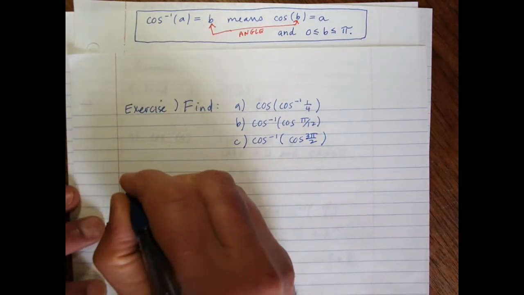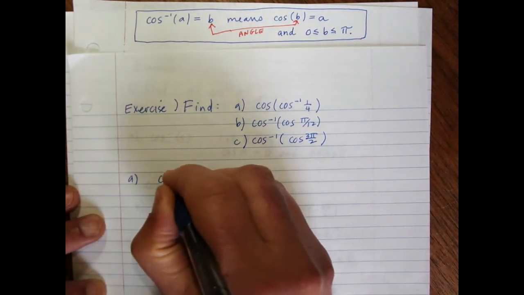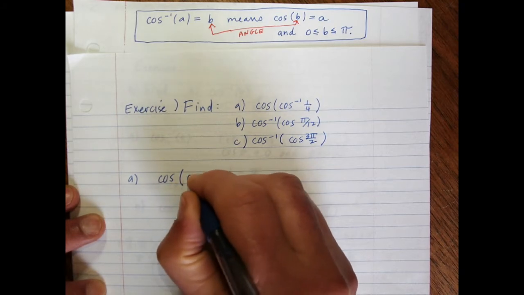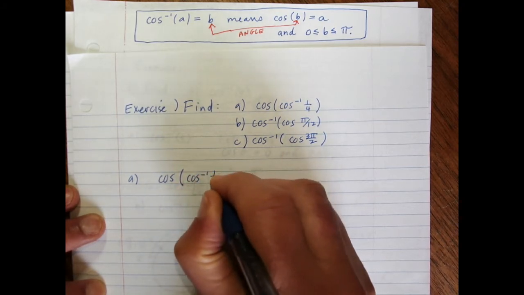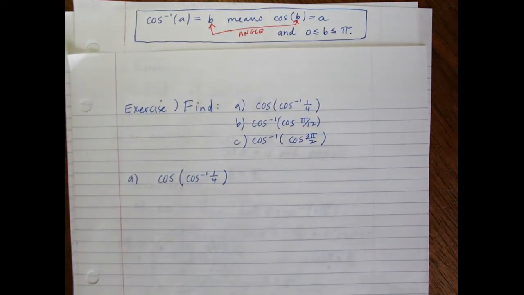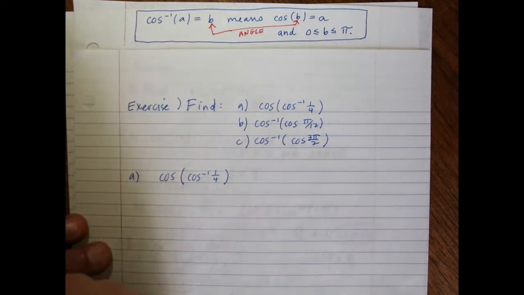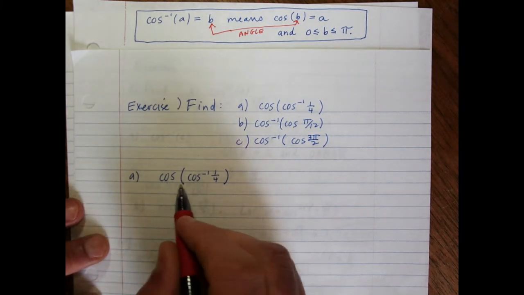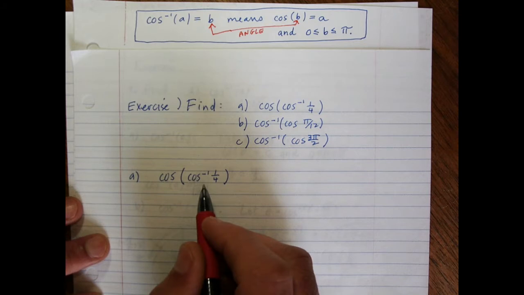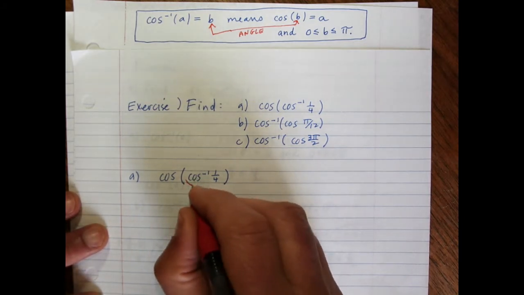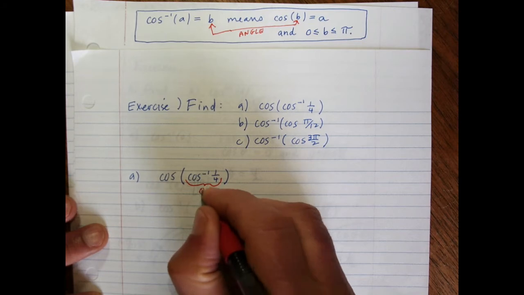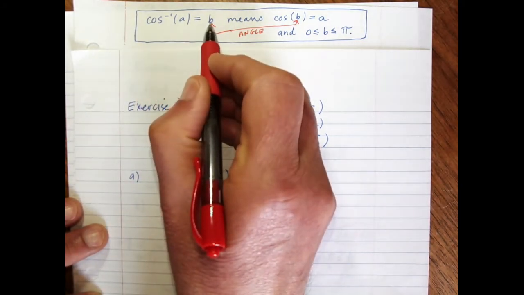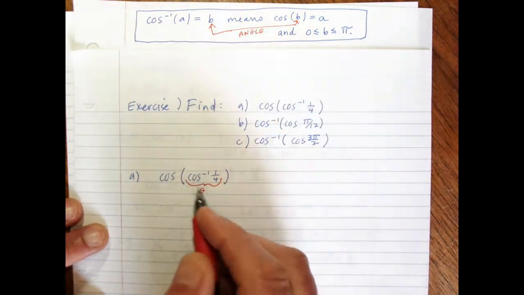All right, so let's start with A, cosine of cosine inverse of 1/4. Now, here is a situation that's kind of similar to something we saw with sine, where I'm going to call something theta, but it's not the whole expression, it's the output of the inverse function, because the output of the inverse function is an angle.